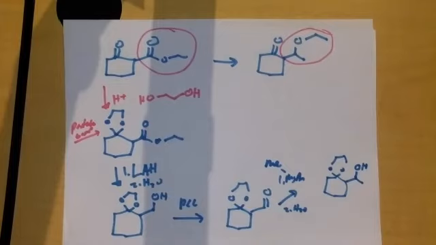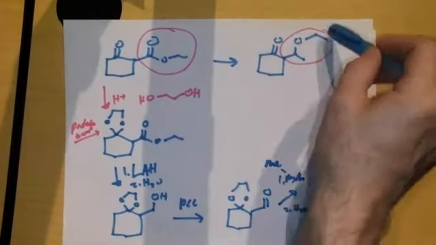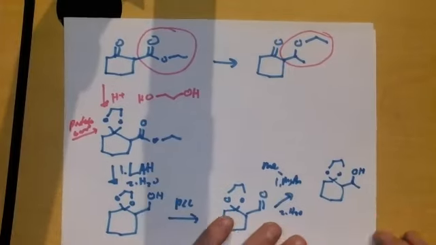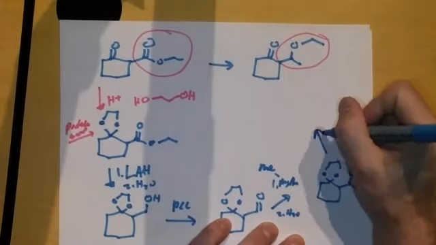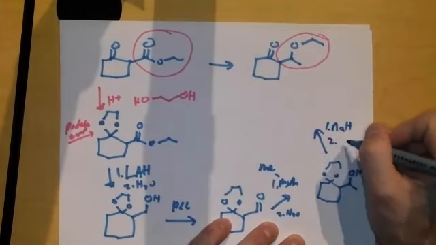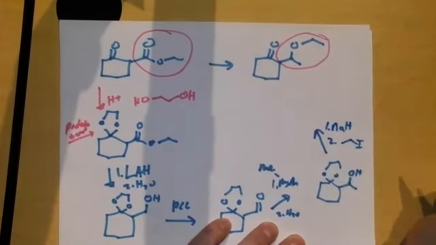We've got the majority of what we want from a molecule. We want to add just an ethyl group here, so throwing in some sort of a base. Throw in NaH and ethyl iodide.